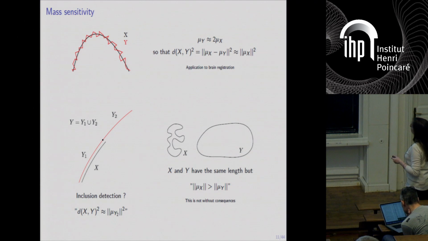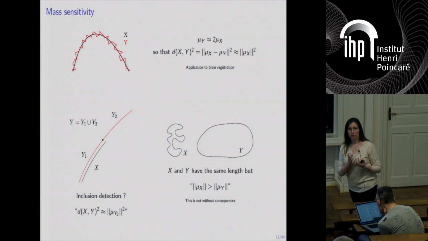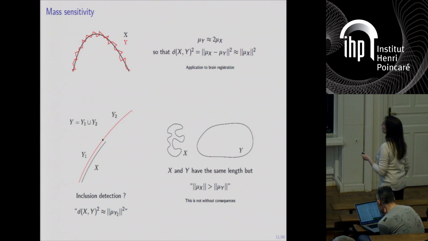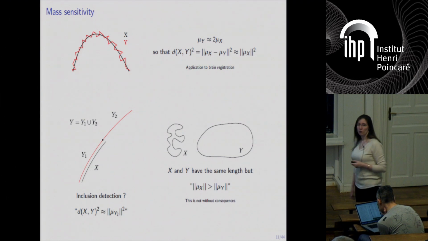And a last example on mass sensitivity, related to this one, is that if you consider two shapes of the same length, but the shape x is much more convoluted than y, which is widely spread and so flat, then the norm of the distribution of x is higher than the norm of the second distribution.